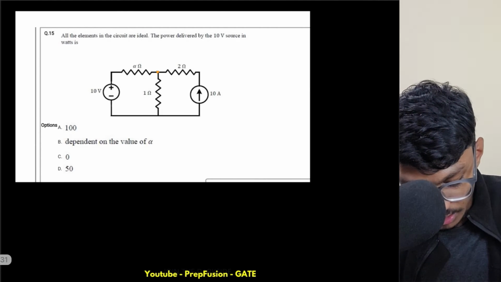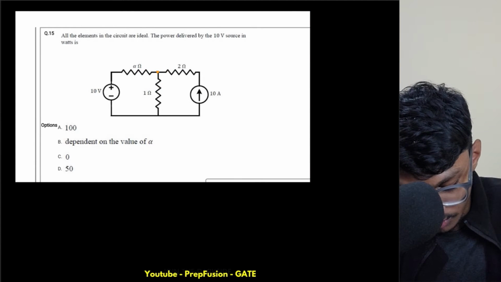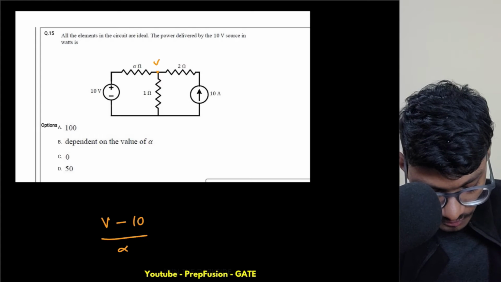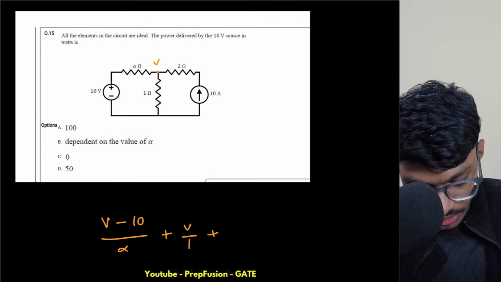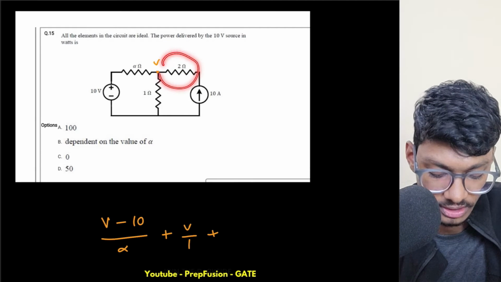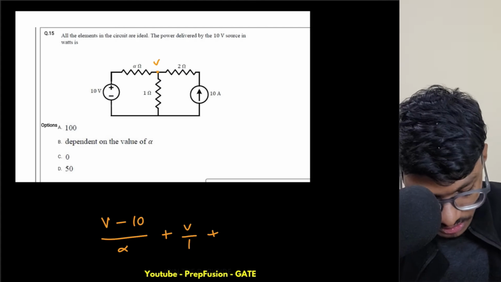You just write a KCL equation at this node. Assume the potential V over here. So (V minus 10) divided by alpha, plus V by 1, plus, here there is a current source in series with this 2 ohm, so it doesn't matter, we can neglect it. So this 10 amps will come inside.